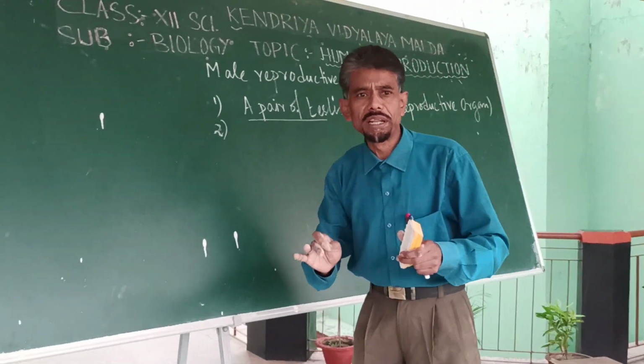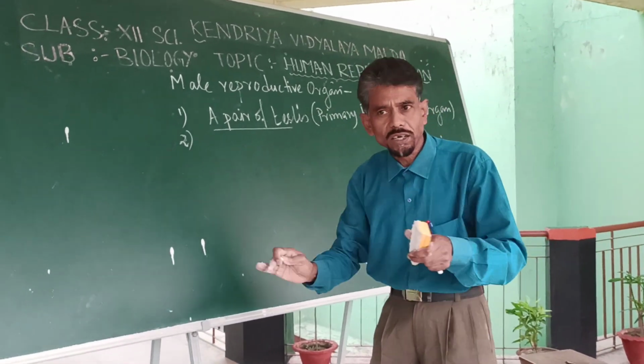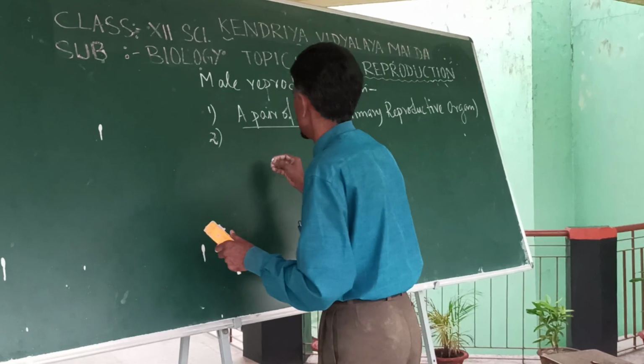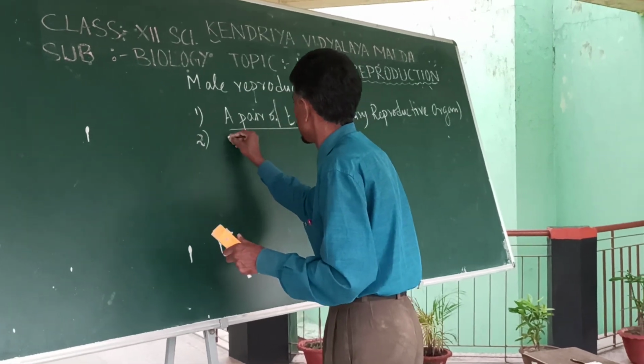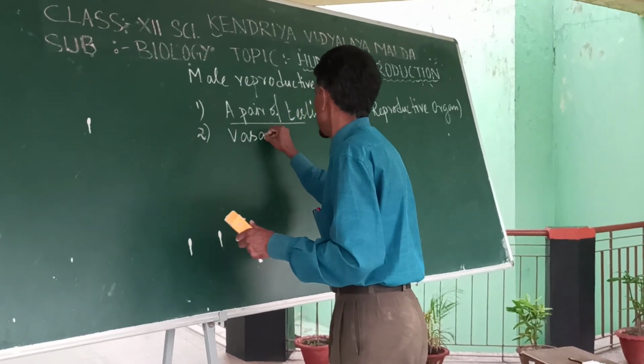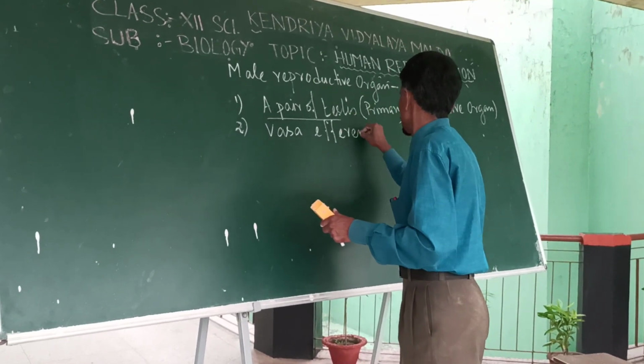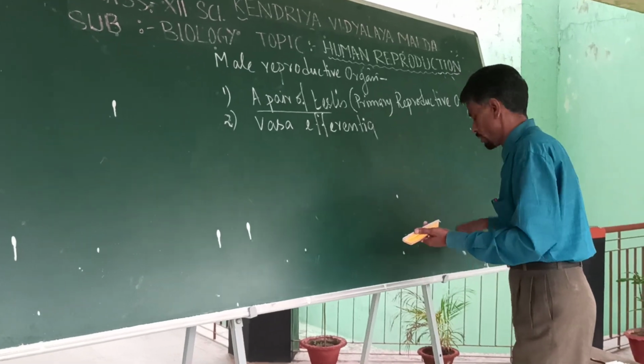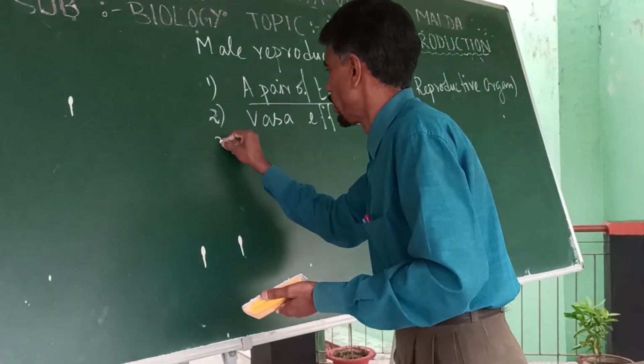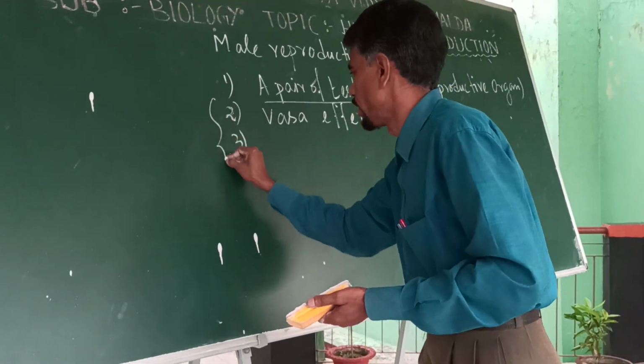Along with so many accessory ducts and glands. Ducts like vasa efferentia, third, these are the accessory ducts.